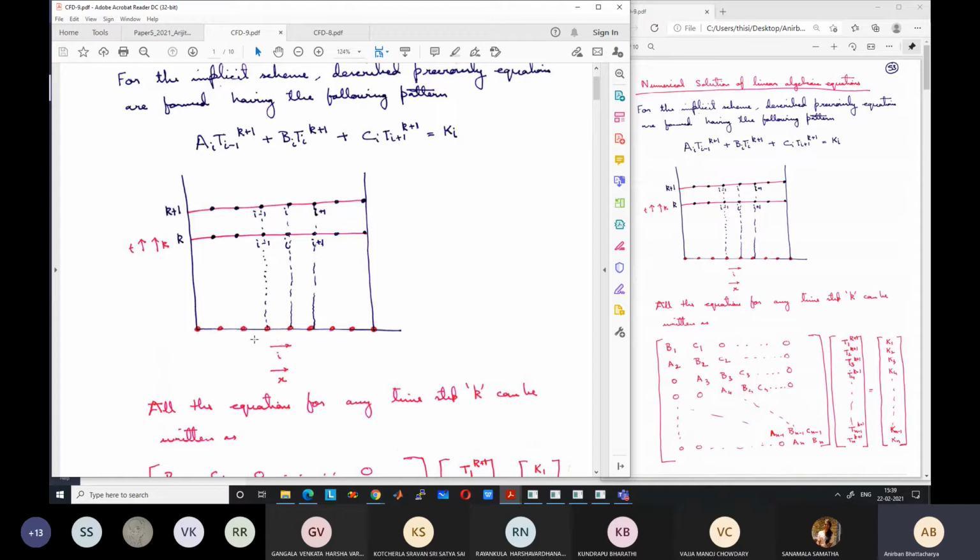The indices of these nodes are given by I. This first point is I equal to 1, I equal to 2, I equal to 3, like this, up to n number of points, I equal to n.